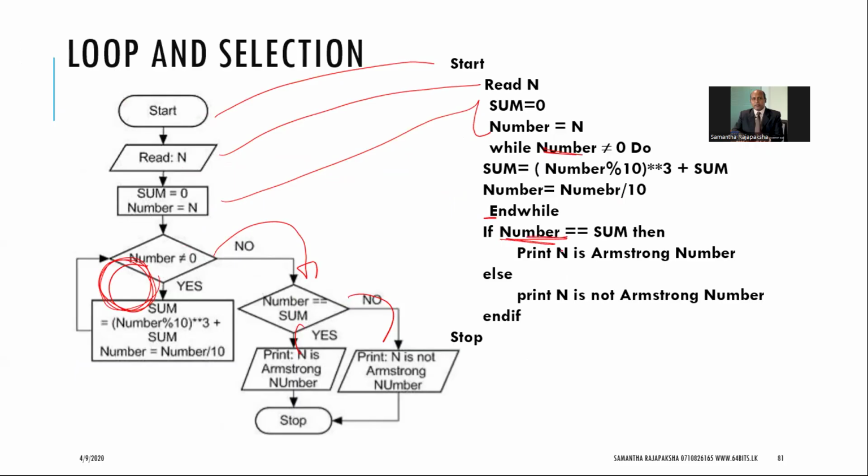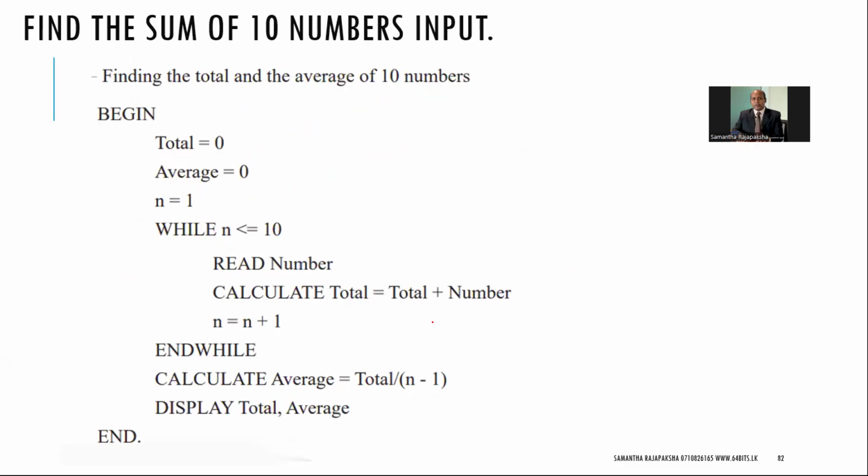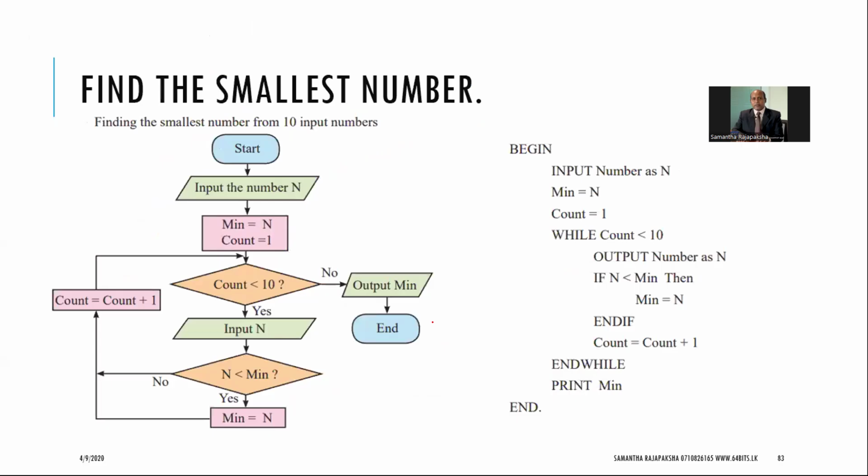It's a selection. If the condition is true, this one, the condition false, this one. It's a selection. You have to identify which one is a loop and which one is a selection. This again is from the textbook, so you can draw the flow chart corresponding to that.